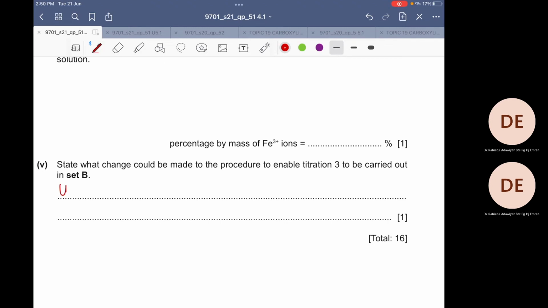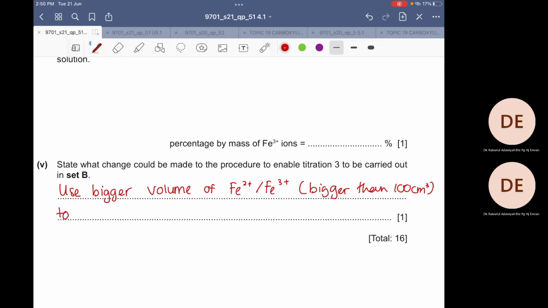So use a bigger volume of Fe2 plus, Fe3 plus, bigger than 100 centimeter cube. I know that's already a lot.